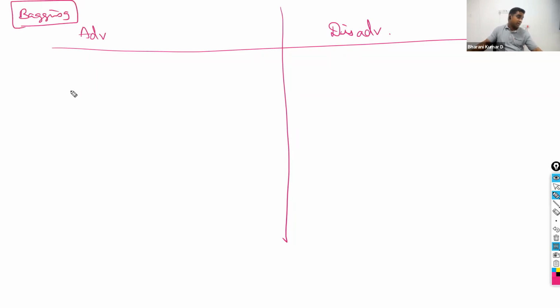Obviously, since it's an ensemble technique, it will help you increase the accuracy. And it will also help you bring in more stability. But what do you think are the disadvantages?